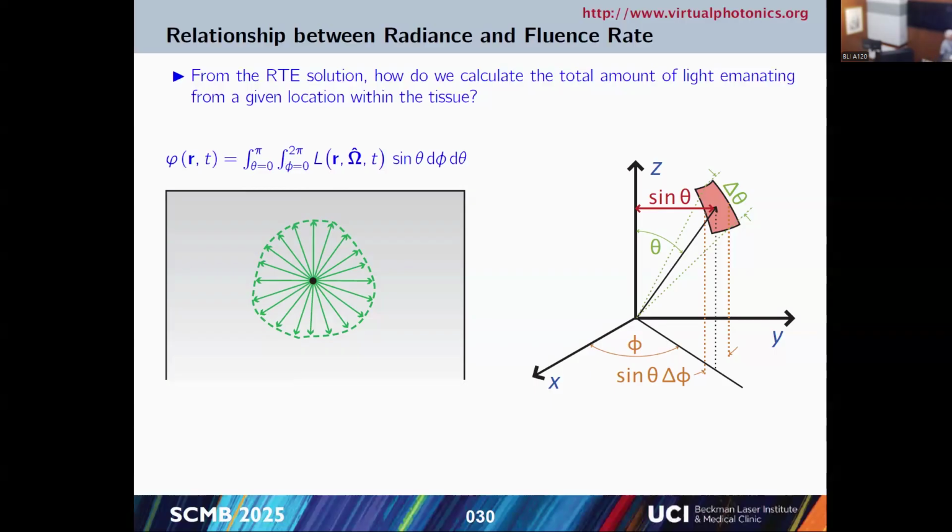Sine theta d phi is going around the world, and d theta is just going from the North Pole to the South Pole. We integrate theta from 0 to pi, that's from the North Pole to the South Pole, and then for each theta, you go around the world, 0 to 2 pi. And so that's your integral.